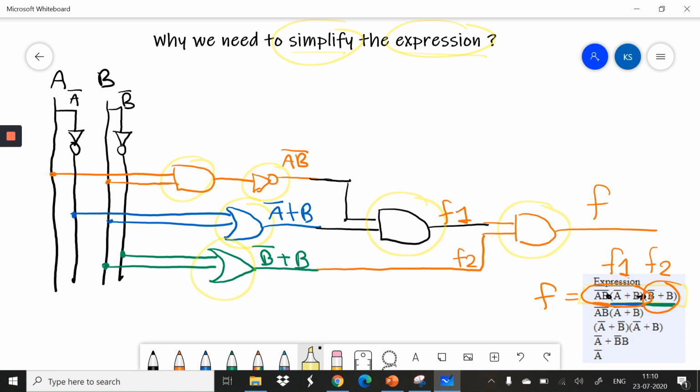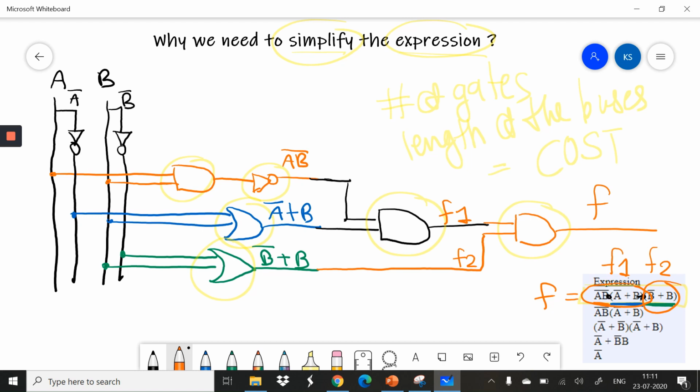Based on the number of gates and the length of the buses, we calculate the implementation cost of the circuit, because we have drawn the circuit and now we need to implement it. When we implement any circuit, we calculate the cost based on the components used. Of course it will cost more, because many gates are there and the length of the bus is quite big.